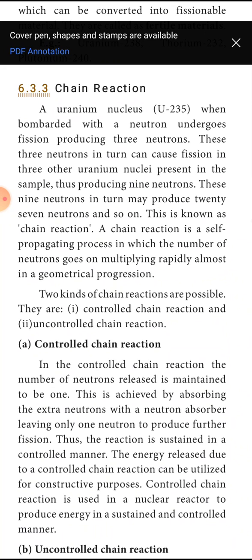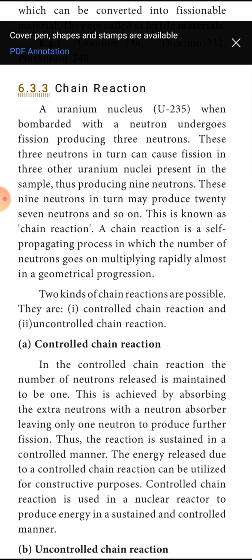The same fissionable material used in the nuclear reactor is controlled by using cadmium rods. The cadmium rods absorb 1 or 2 neutrons emitted by the uranium. By absorbing the neutrons, the second and third process of fission, the continuous fission, can be controlled and the energy is converted into electrical energy.